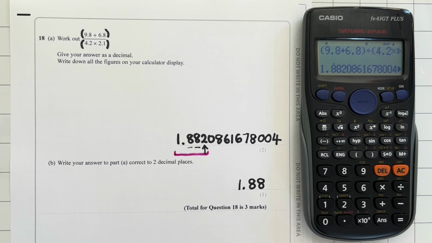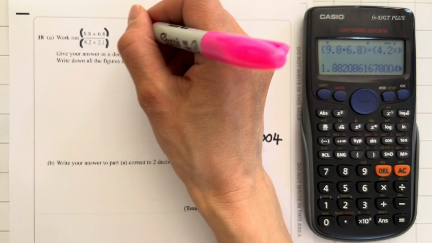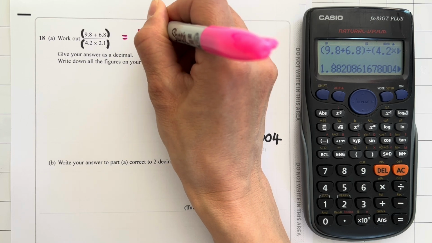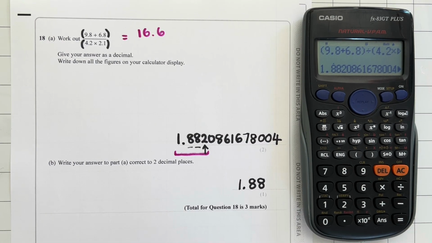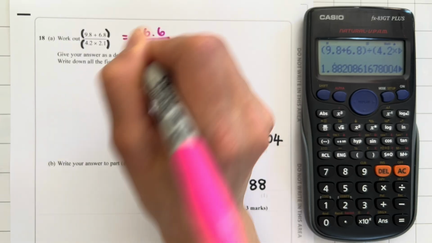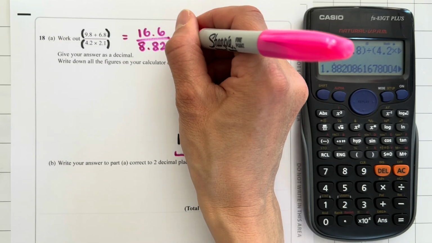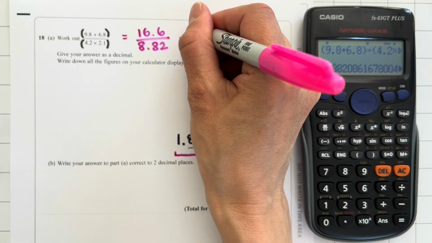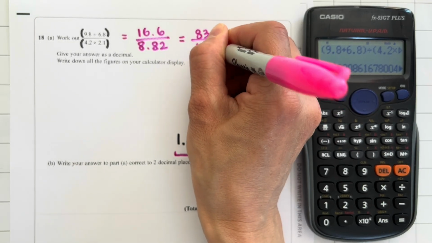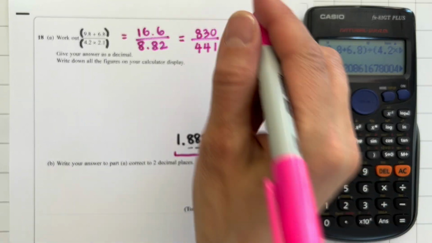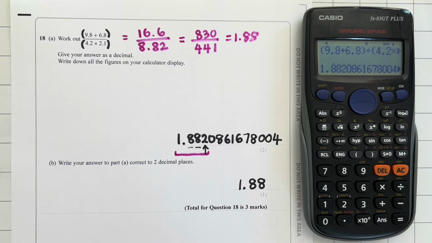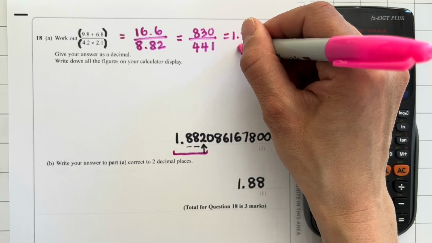If you don't get the answer of 1.882, but you work out that 9.8 plus 6.8 is 16.6, or that 4.2 times 2.1 is 8.82, or that you wrote the answer as a fraction given on the calculator, which was 830 over 441, or you just write 1.88, so you've rounded it just a bit too much, they will give 1 mark for any of this.